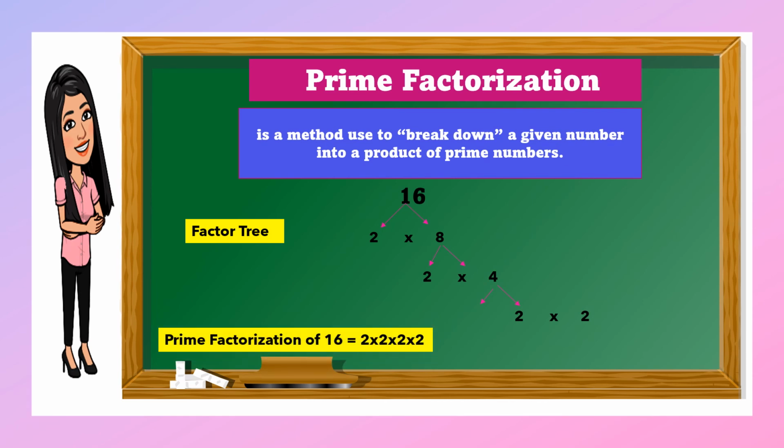Therefore, the prime factorization of 16 is 2 times 2 times 2 times 2, or we can use 2 to the fourth power, meaning 4 2's. If a prime factor appears many times in the factorization, you need to express it using exponent or exponential form. The exponent of each prime tells how many times the prime number is used as a factor.